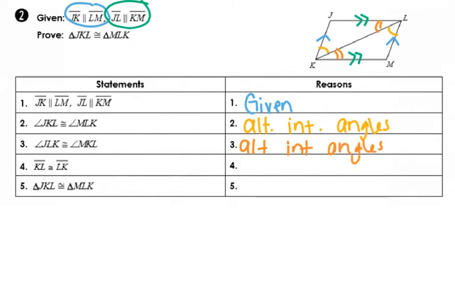So hopefully that's what you picked. And I'm going to switch colors. And then we have KL is congruent to LK. So they're sharing that side, but it's a mirror image. So this is the symmetric property, but we have stated we have a pair of angles and a side in between and another pair of angles, so angle, side, angle theorem.